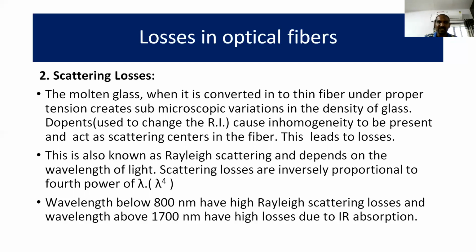This leads to losses. This is also known as Rayleigh scattering and depends upon the wavelength of the light. Scattering losses are inversely proportional to the fourth power of the wavelength. Wavelengths below 800 nanometers have high Rayleigh scattering losses and wavelengths above 1700 nanometers have high losses due to infrared absorption.